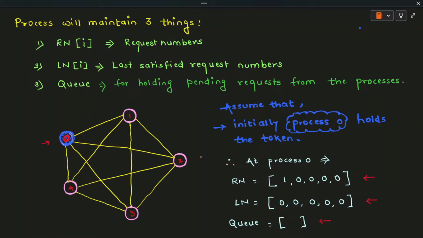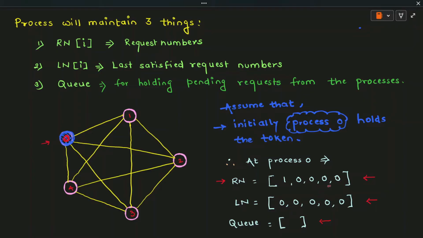So 2 will send a request message on the distributed environment. Process 2 does not know which process is holding the token currently, so it has to send the broadcast request to all the nodes or all the processes which are running in the distributed environment. In that case, the Rn request number array will contain 5 flags.